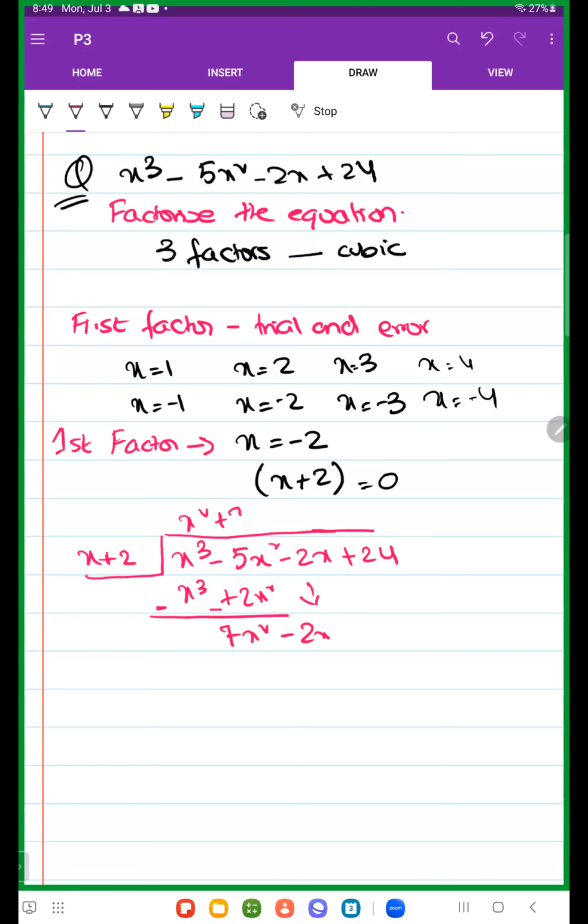I'm left with minus 7x squared plus 14x. Signs are changed. I'm left with minus 16x. I bring the last term down, plus 24.